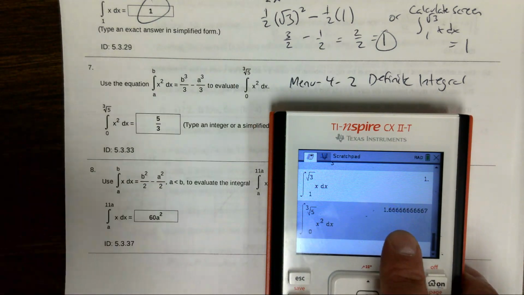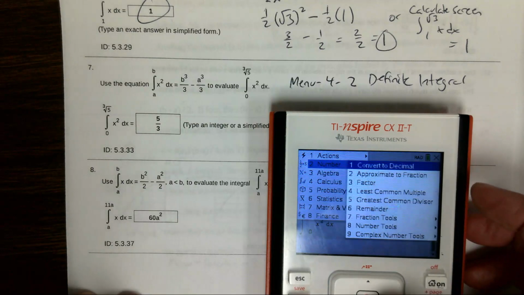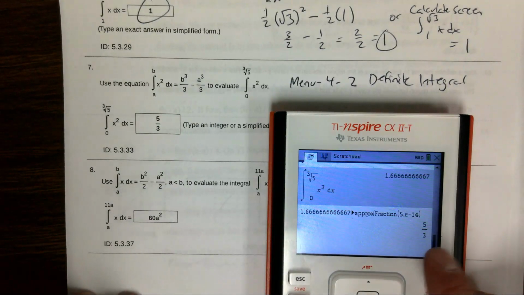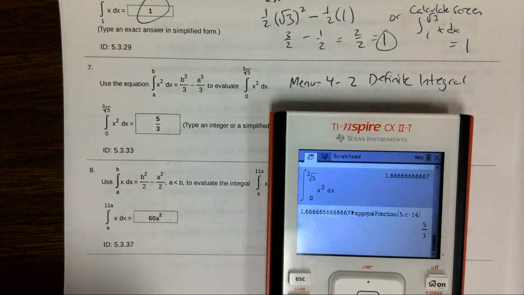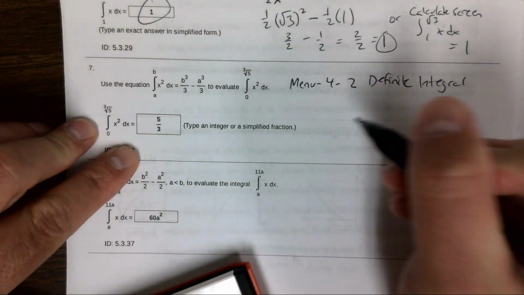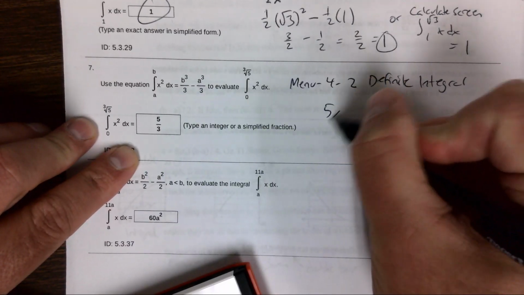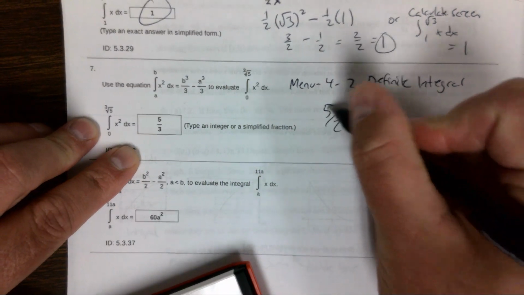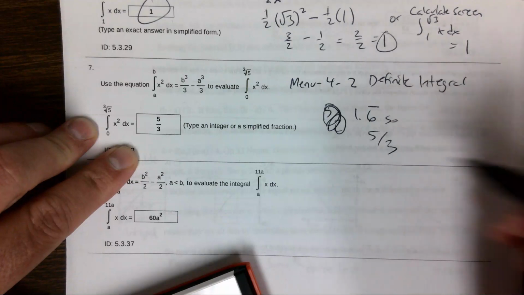So you get this, and I think maybe if you try it there, it won't work. Oh, it did. Okay. I was thinking you might have to put more 6s, but you don't have to. So then that's your answer. Oops, 5/3. Okay.